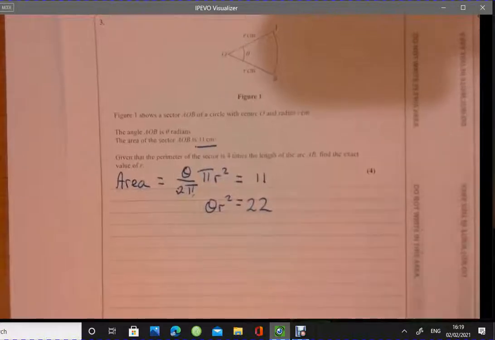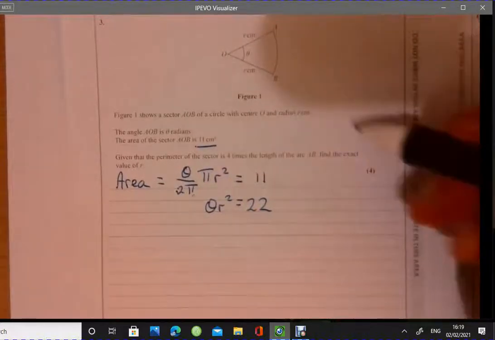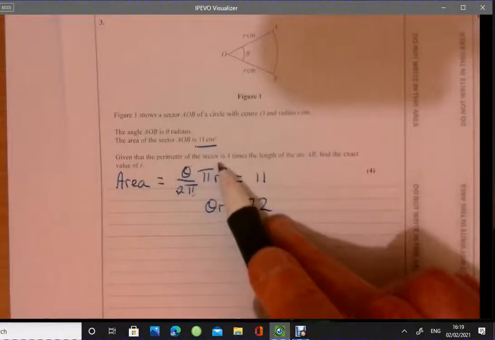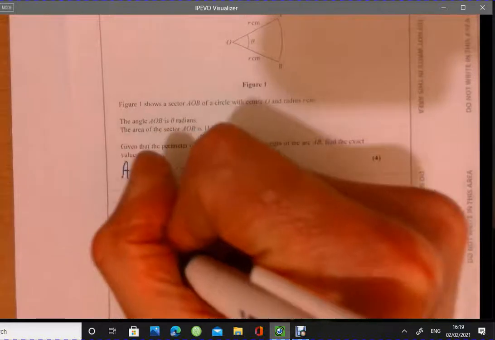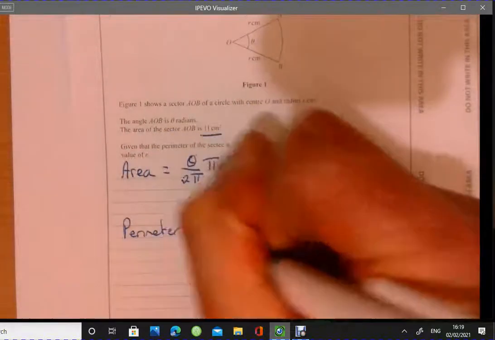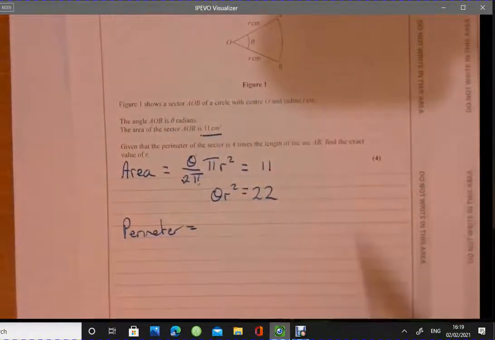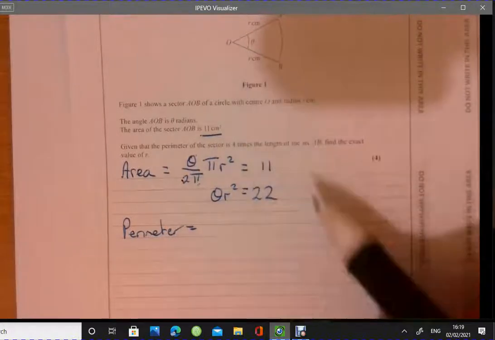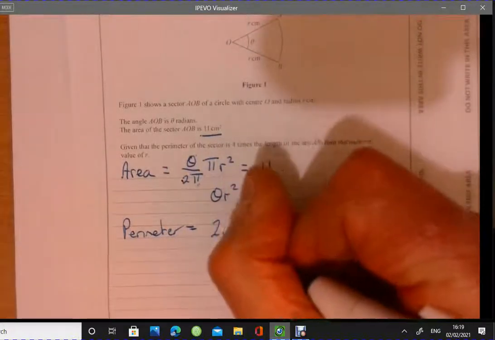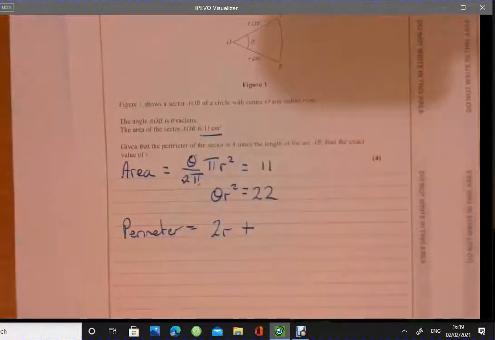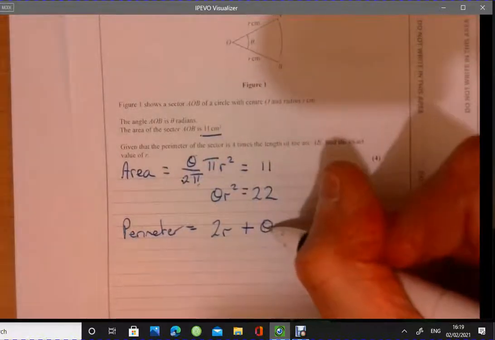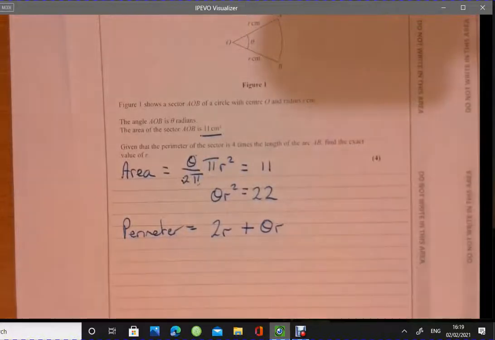Now then, it does tell me, given the perimeter of the sector, let's write down an expression for the perimeter. So the perimeter will be equal to r plus r, so it's 2r, plus, now an arc, you should know, is theta r.